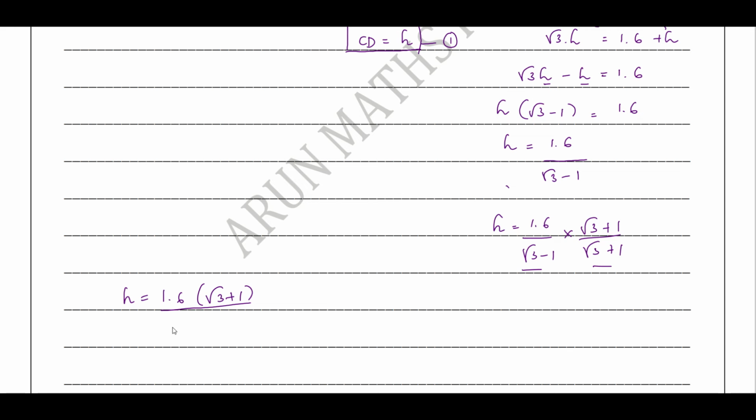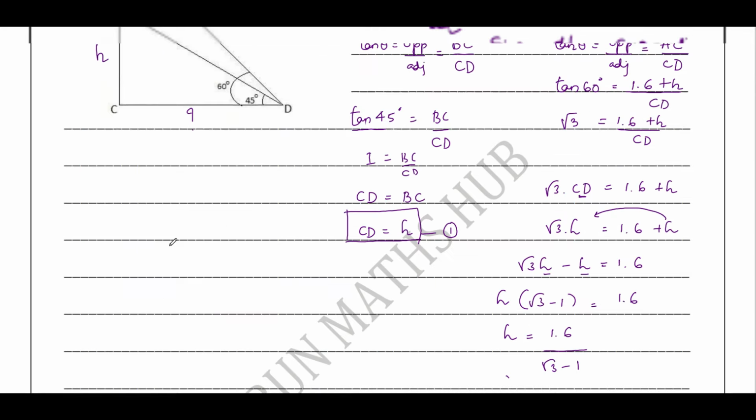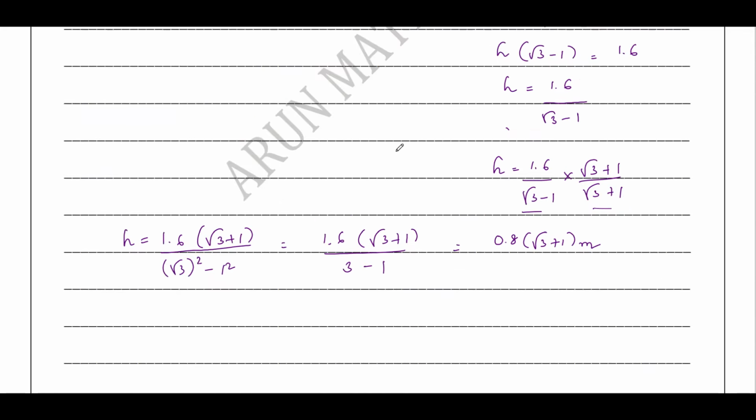It can be written as root 3 whole square minus 1 square. Root 3 whole square is 3, 1 square is 1. So 3 minus 1 is 2. 1.6 by 2 is 0.8 into root 3 plus 1 meter. Therefore, the height of the pedestal is 0.8 into root 3 plus 1.